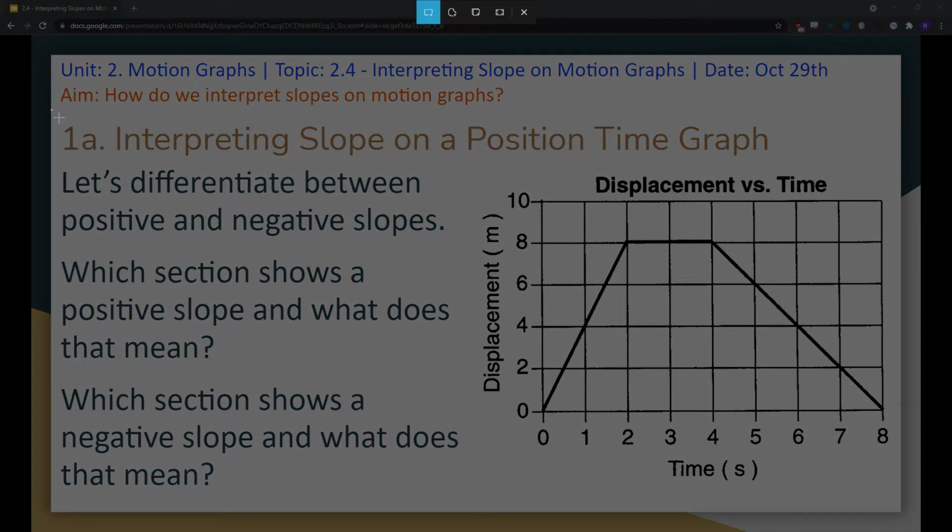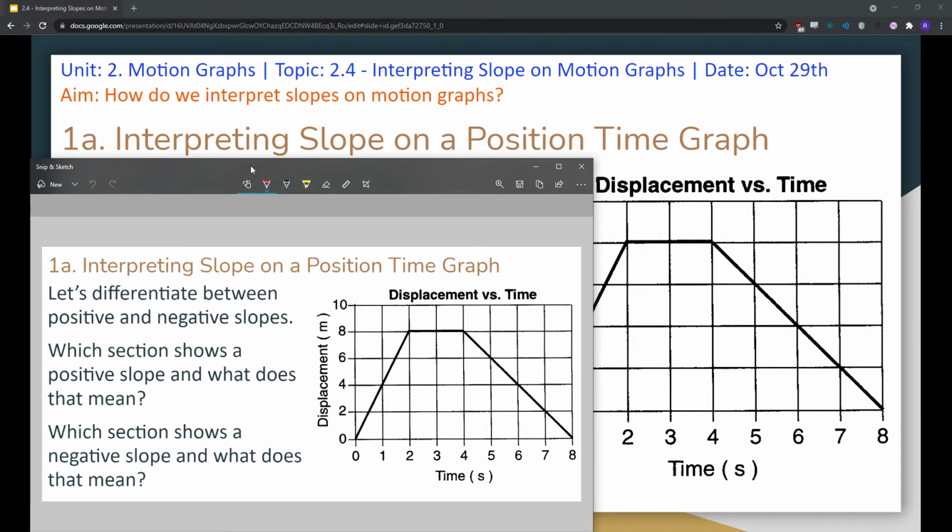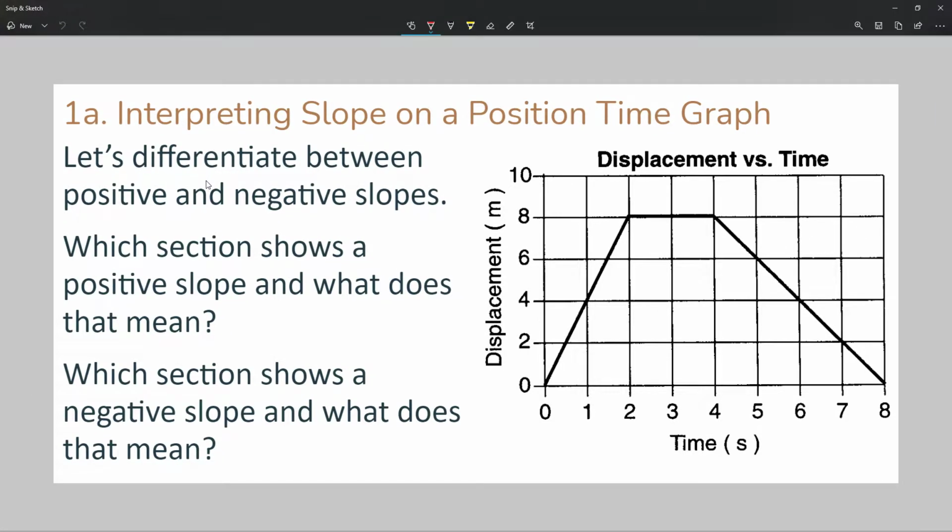Now we know slope means velocity, but what's the difference between a positive slope and a negative slope? Which section shows you a positive slope, essentially a positive number, and what does that mean? Well, between 0 and 2 seconds gives you a positive slope.